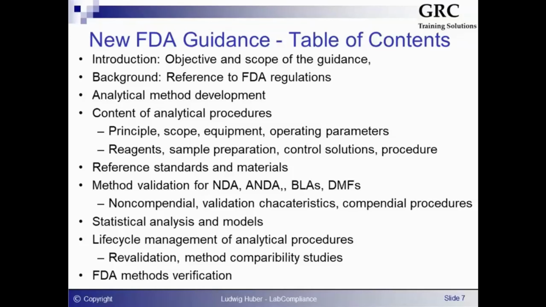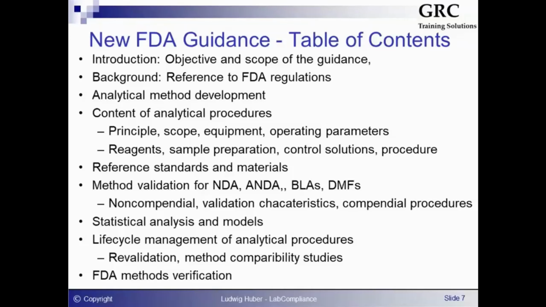In addition, there is a chapter on validation of methods for new drug application, for abbreviated new drug application, biologic license application, and drug master files. This has recommendations also for non-compendial as well as for compendial methods. The chapter on statistical analysis and models is more detailed than in the existing guidance, and new is also the chapter on life cycle management of analytical procedures.